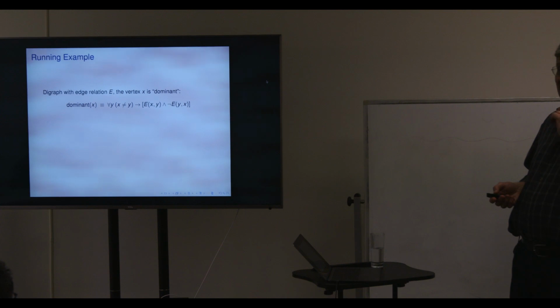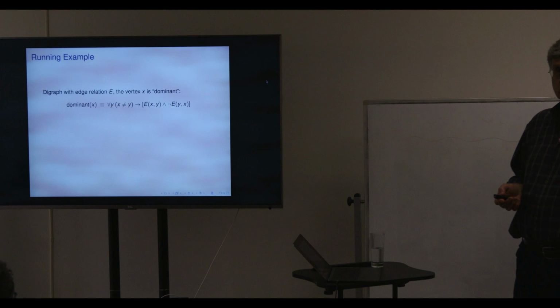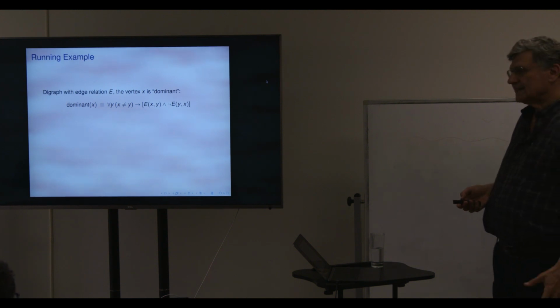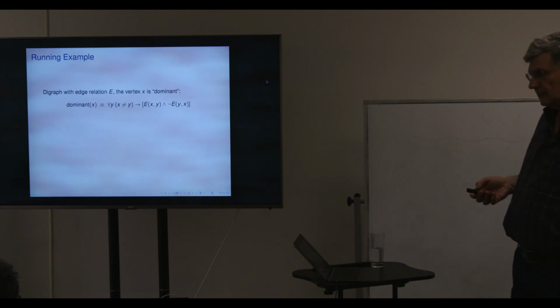So imagine that dominant vertices are like the centers of stars. They have arrows to everybody else, but nobody else has arrows to them. This is not a deep concept in graph theory, but that was not my point.